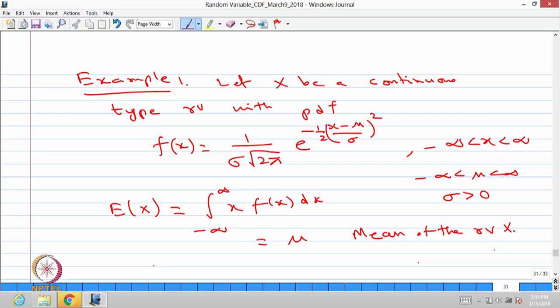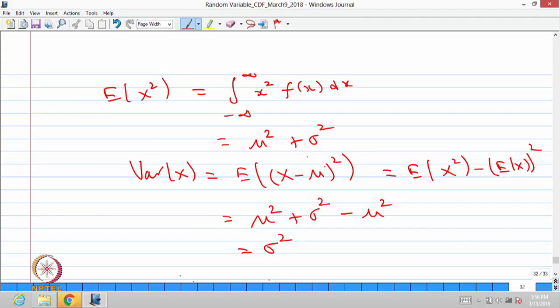So here sigma is the standard deviation, because sigma square is the variance and the positive square root of variance is called the standard deviation. For this continuous type random variable, sigma is the standard deviation and sigma square is the variance. So we got the first moment, that is the mean, and the variance as sigma square.